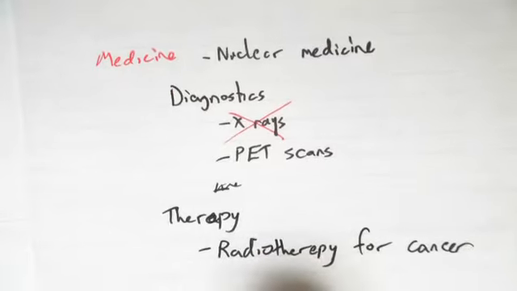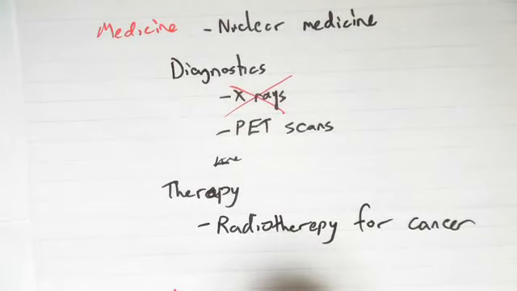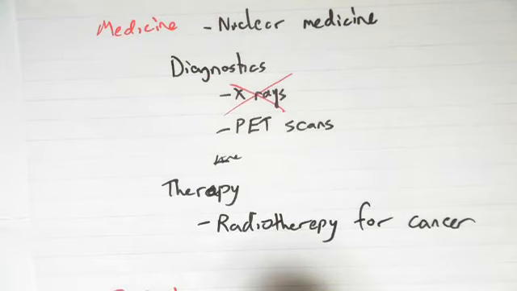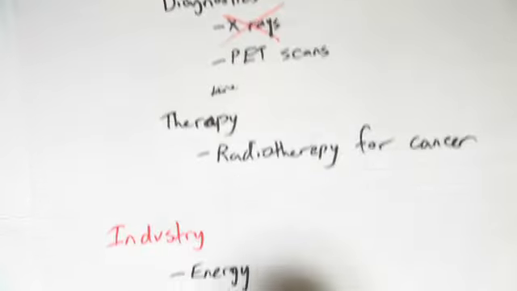There's also therapy in medicine, radiotherapy for cancer, that involves the use of radioisotopes. And there are other applications as well, of course, but you don't need to know too much of that. Sometimes, depending on where you're studying, you need to know examples of isotopes used in each of these situations, but that's something you can find out on your own.